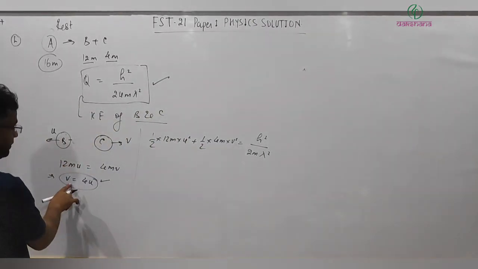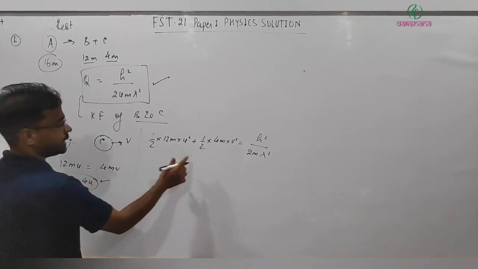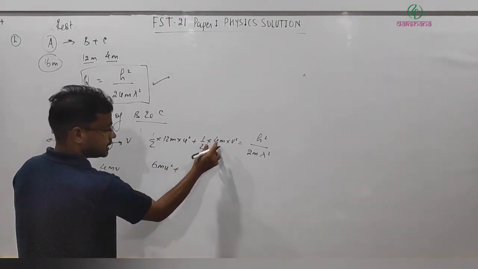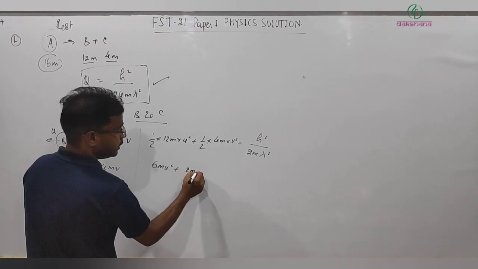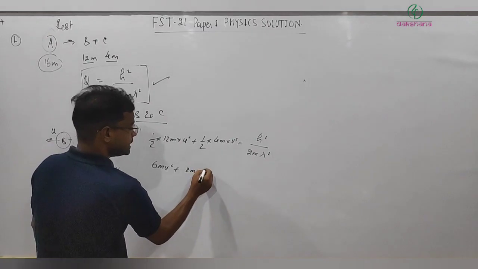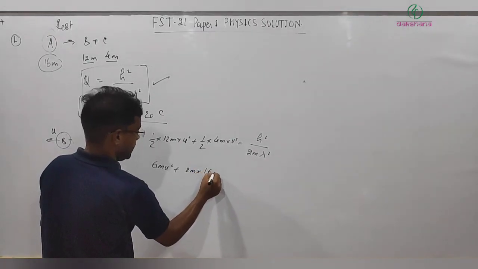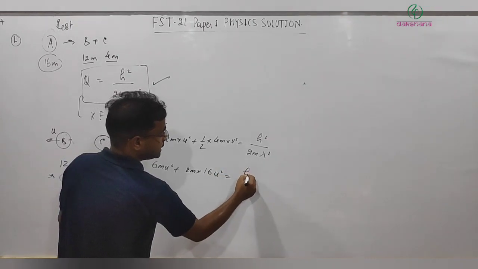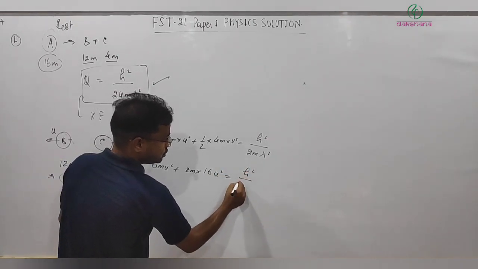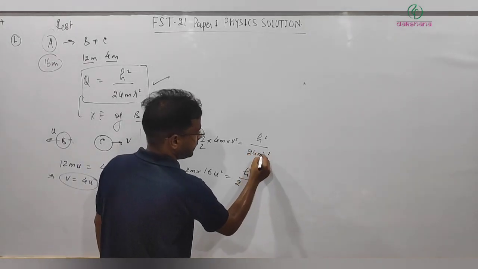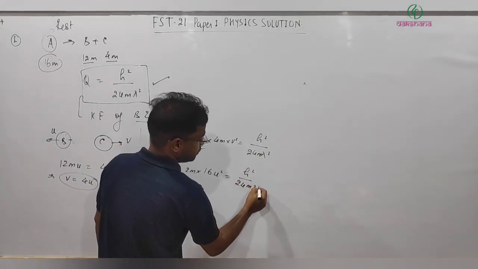Substituting v equal to 4u, I will get 6m u square plus 2m into v square, and with v substituted, 60m u square equals h square divided by 24m lambda square.